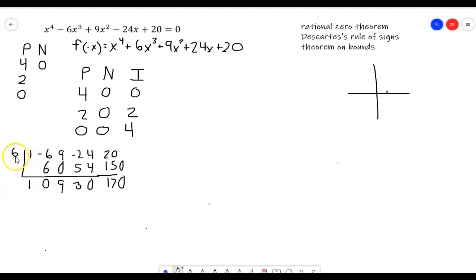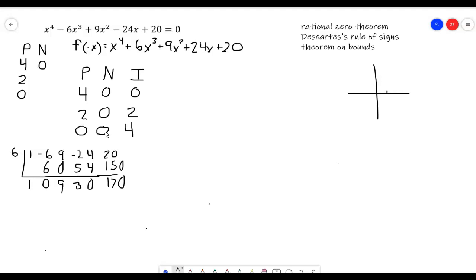Now I can do a similar thing with negative roots. Although I already know from the Descartes rule of signs that I can't have any negative roots, right?